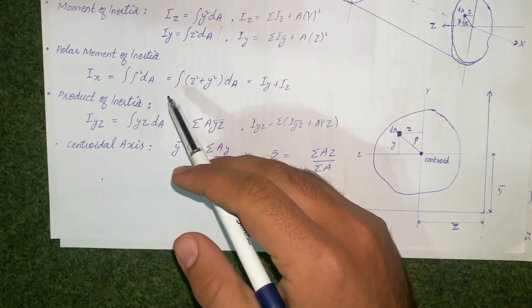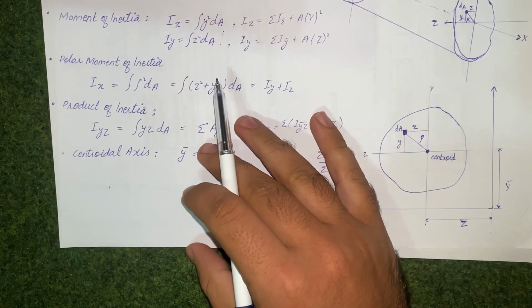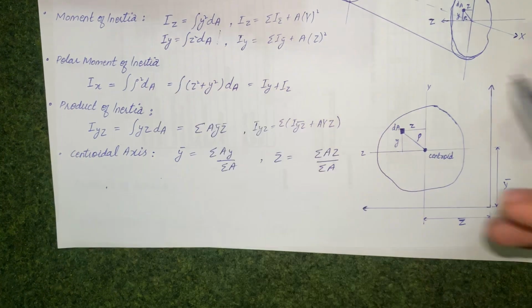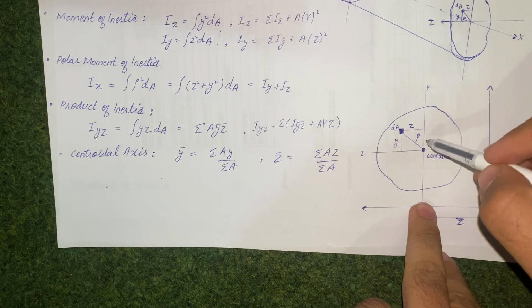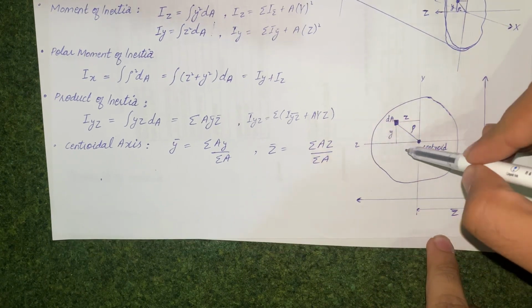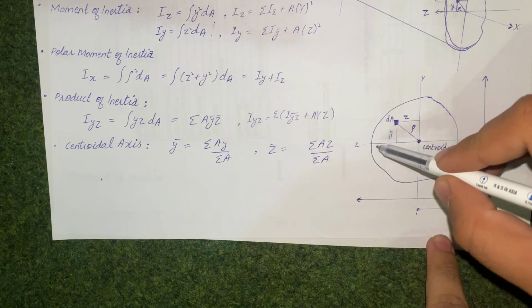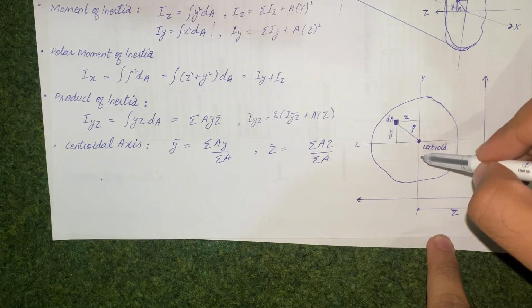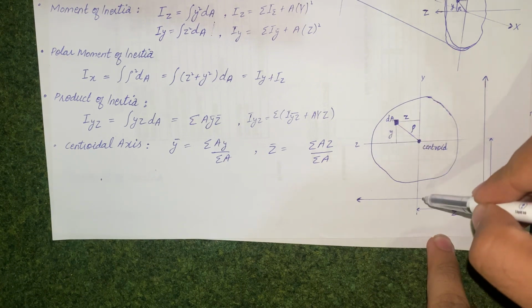The fourth part is the polar moment of inertia. In moment of inertia, we consider the second moment of area about the y-axis or z-axis. It means moment of inertia can be found only with respect to the z-axis or y-axis.